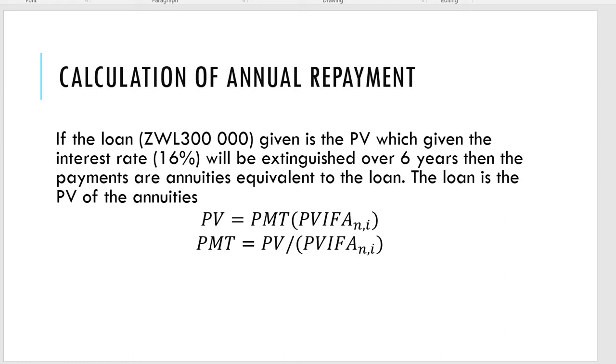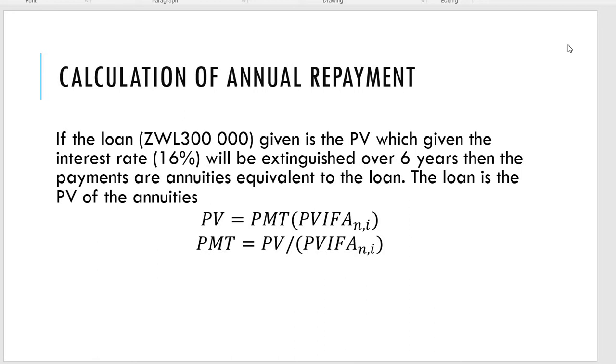So it also implies that those annuities are being paid in the future, and they are equivalent to today's 300,000, which means today's 300,000 is equivalent to the present value of those annuities.